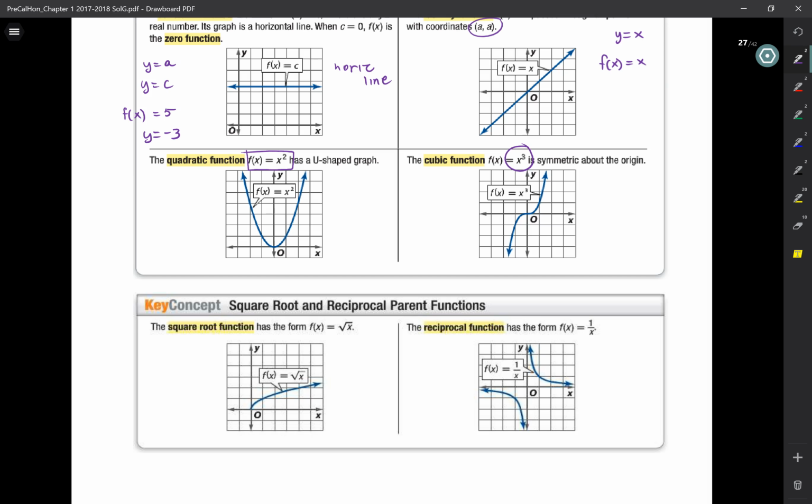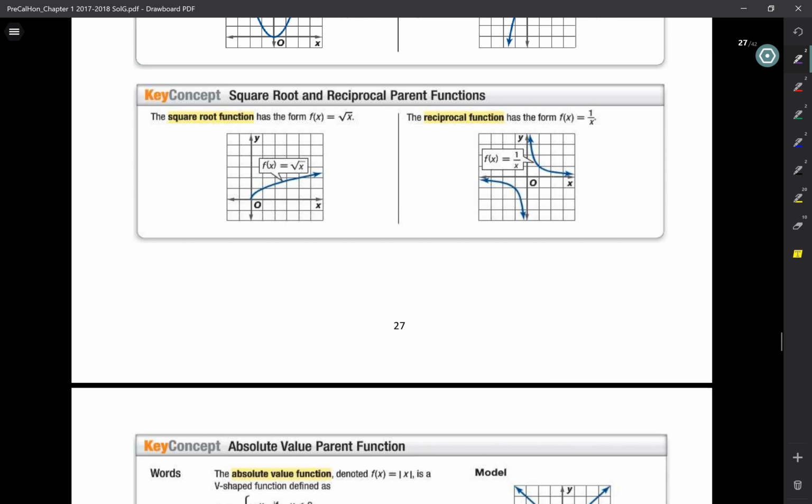Positive. So when the x values are positive, f of x is positive, meaning it's above the x-axis. For negative x's, what's f of x? Negative, meaning it's below the x-axis. When x is 0, what's f of 0? 0. So think about that. It's always increasing.